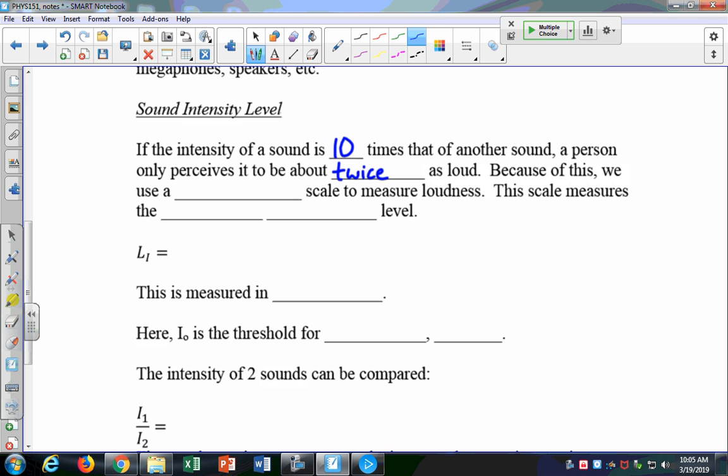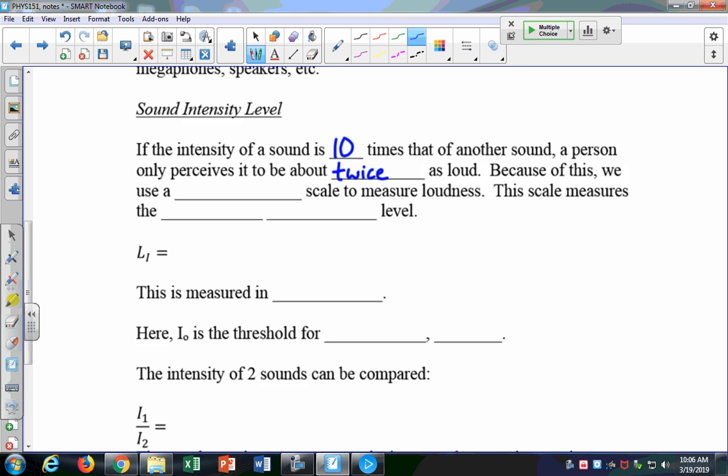And so in order for us to be able to discern between such a vast range of volumes of sound, our ear can't pick up on every little subtle change in sound. So if I increase the intensity of a sound by a factor of 10, then I'm only going to say, oh, that sounds about twice as loud. If I'm presented with several noises that have different intensities, a factor of 10 is going to be perceived as about twice as loud.